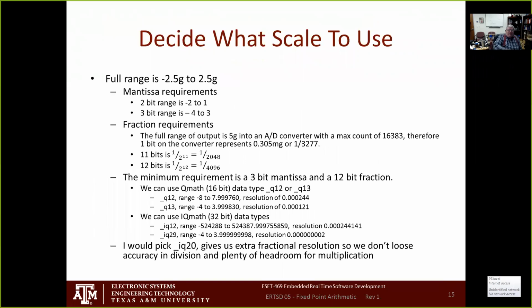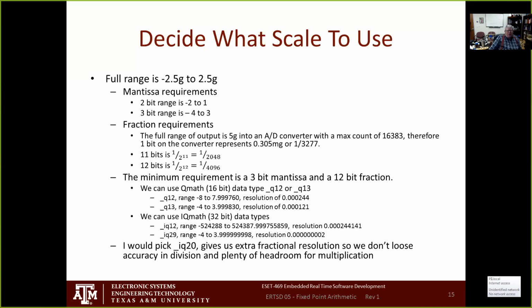So the first thing I need to do is figure out what size values I'm going to use. So the full range on this analog device, this accelerometer, is minus 2.5 Gs to plus 2.5 Gs.